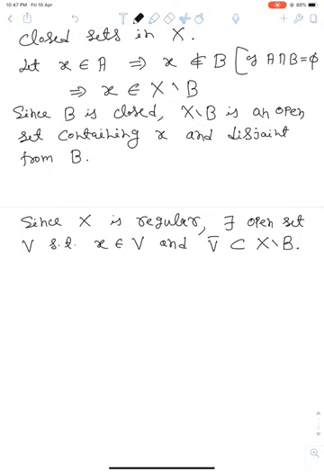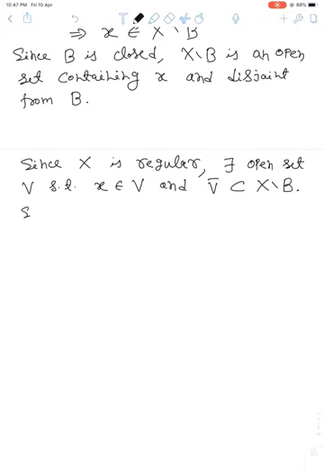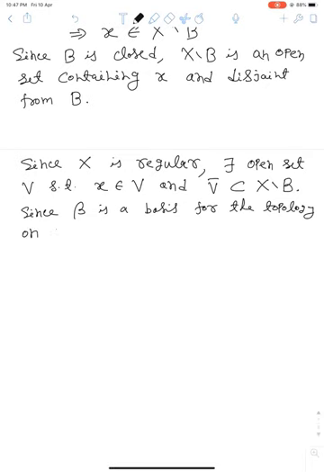Now again, what do we mean by x belongs to V? Since x belongs to V and beta is a basis for the topology on X, note that beta has another property.